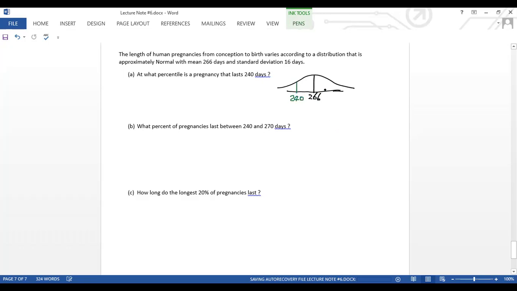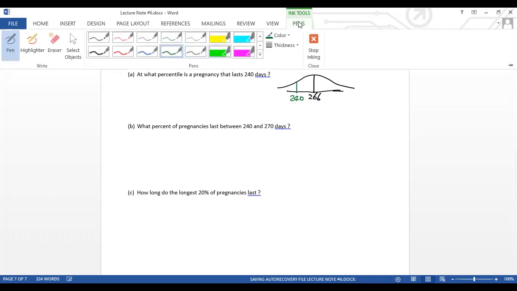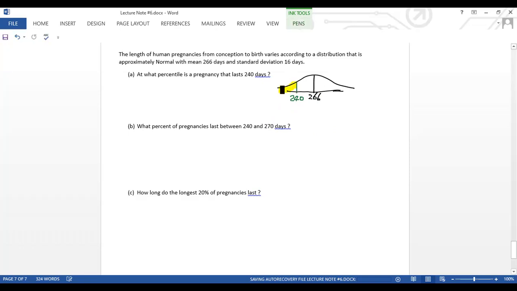So what is the percentile of a pregnancy lasting 240 days? That means if you can find this area, this is the area of pregnancies not going to last 240. If you pass this area, it goes on to last more than 240. That's my percentile, right?